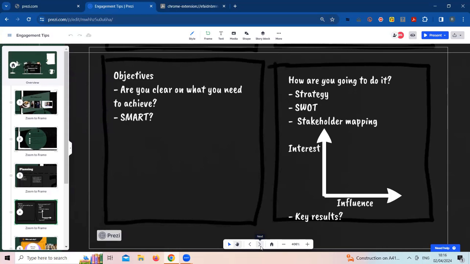And then finally, just alongside your SMART objective, it is worth thinking about whether there are any qualitative or quantitative key results that tell you you're on the right path. Because while the SMART objective gives you a great point to judge at the end whether you've succeeded or not, key results as you go through can help you make those course corrections to improve the impact of your campaign.